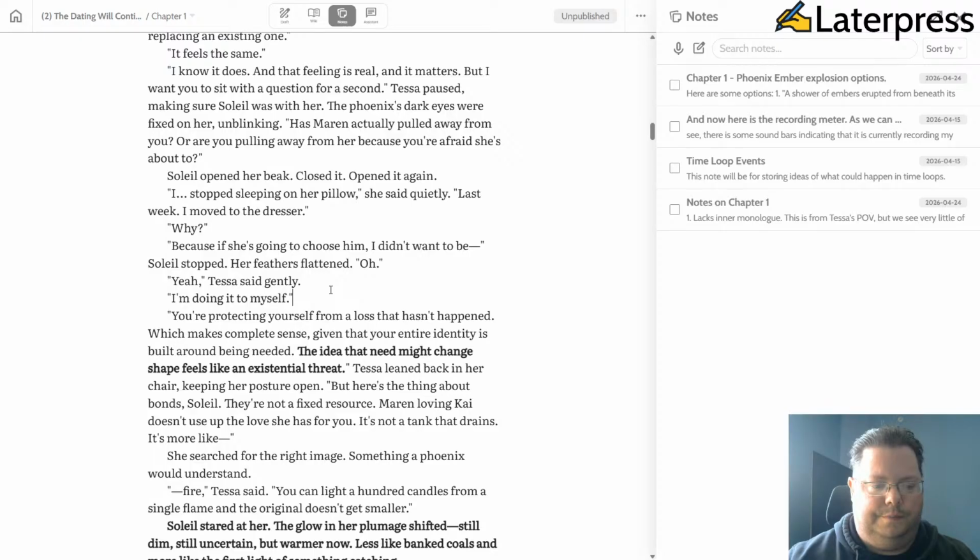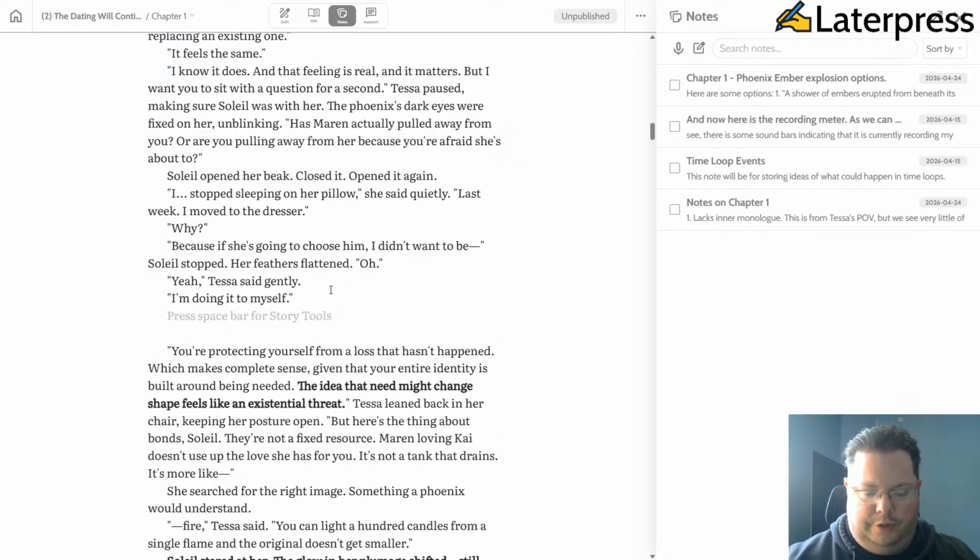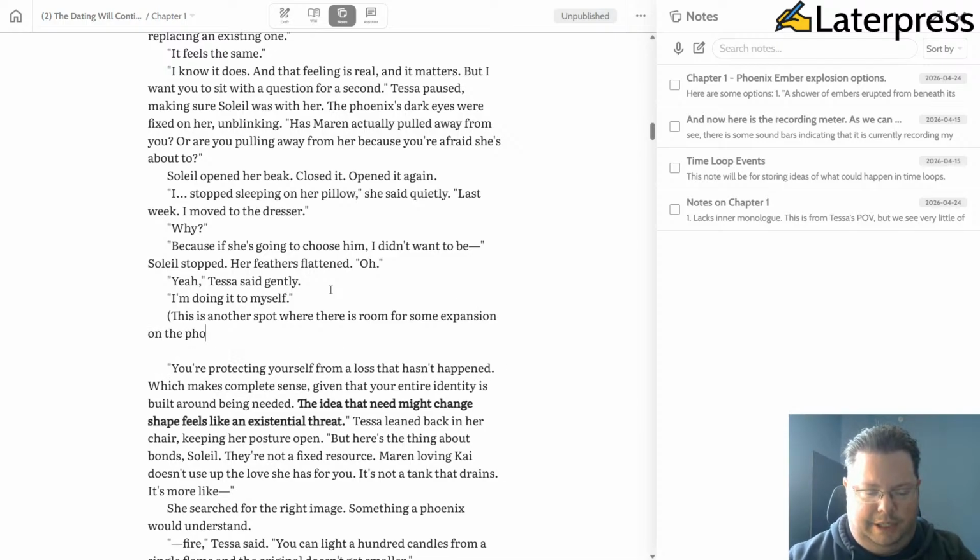I'm going to again put a note in here. This is another spot where there is room for some expansion on the Phoenix's body language, perhaps as well.